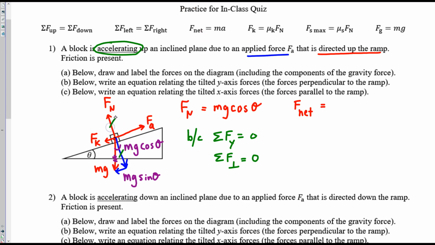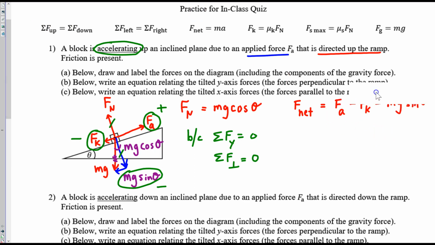The y forces cancel, but you still got Fa, you've still got Fk, and mg sine theta. Fa is positive because it points up. Mg sine theta is negative because it's pointing down the ramp or to the left. Same for Fk, negative because it's pointing to the left. So our equation is this: positive Fa, negative Fk, and negative mg sine theta.